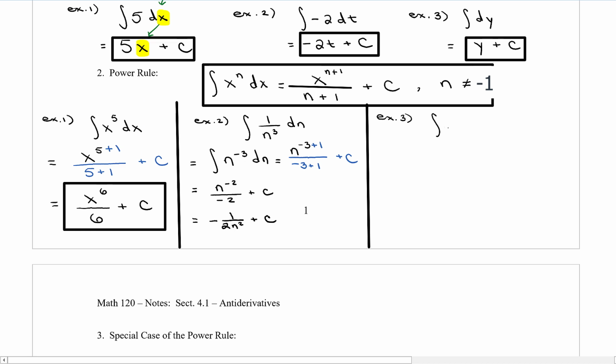The integral of the square root, no, take that back, the integral of the cube root of t raised to the 2nd power, and then dt.